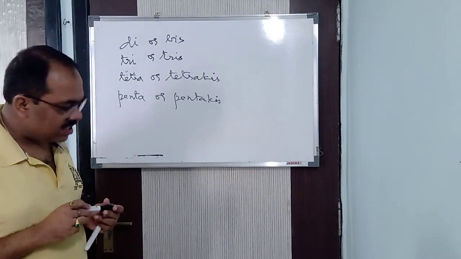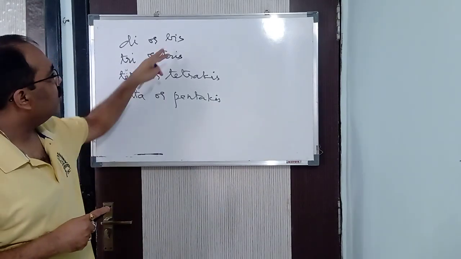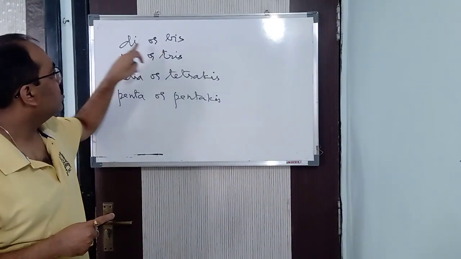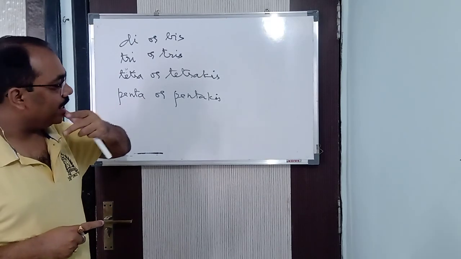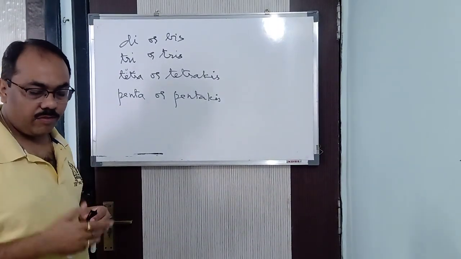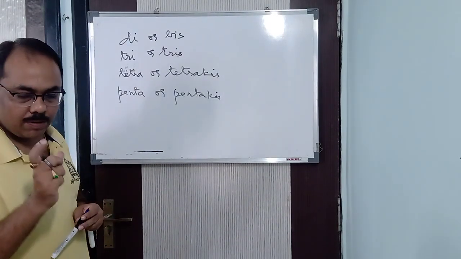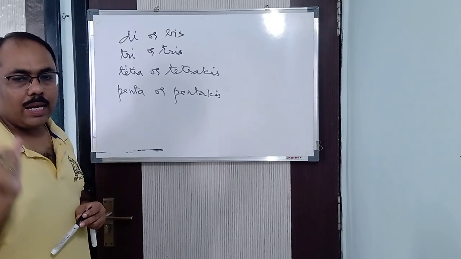Now, where do we use di, tri, tetra, penta, and where do we use this? In certain cases we have to use bis; we can't use di. You will get it later when you do nomenclature. Let us say ethylene diamine. The di is already there in the word ethylene diamine.